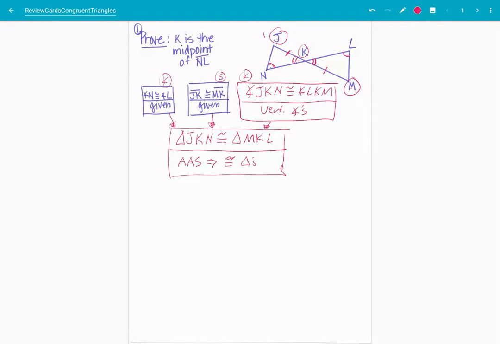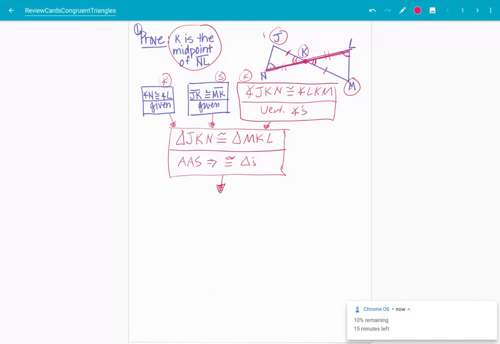Okay, so next, now that's not what we're proving, but it helps us. We're almost there. We want to prove that K is the midpoint. So now I need to think, what do I need to show before I can show that K is the midpoint of this line? Well, if you remember your implied statements, I know that a midpoint implies two congruent collinear segments. So I'm going to use that the other way around.